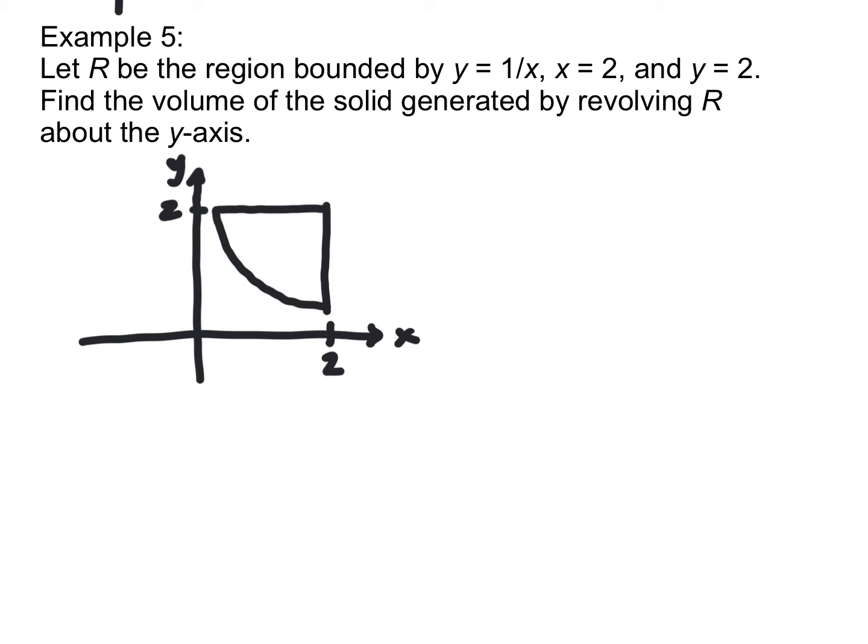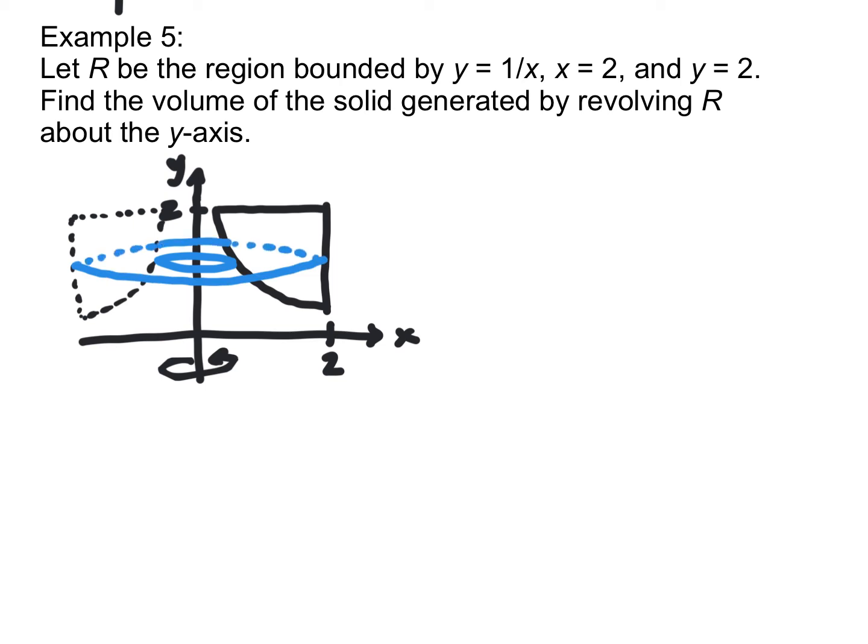All right, and we're going to rotate this about the y-axis. So to draw it, I'm going to try to draw the reflection. And I'm going to now draw some representative washers. I'll just draw that one washer for now.